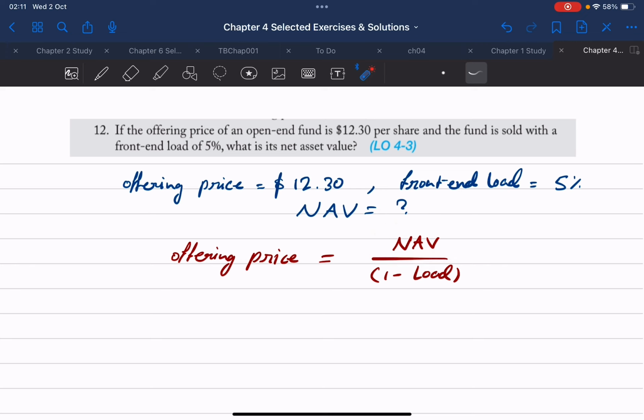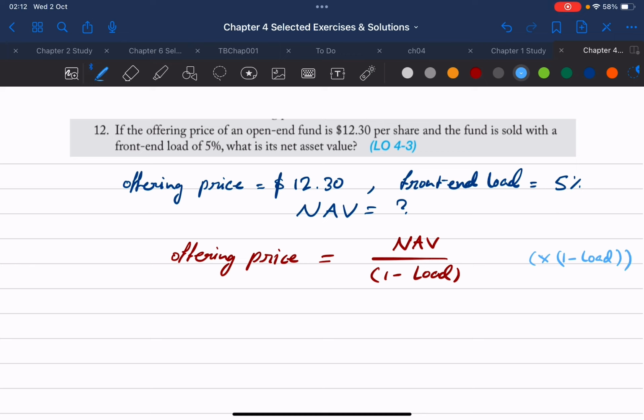So what I can do here is mathematically reorganize my formula by multiplying both sides with this term that is in the denominator on the right hand side of the equation. Okay, and that would make my formula become, so let me just write it here in brackets just so it is clear, multiply both sides by 1 minus load.